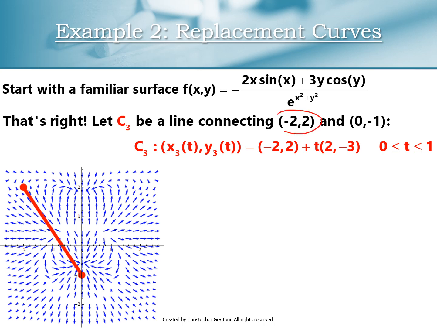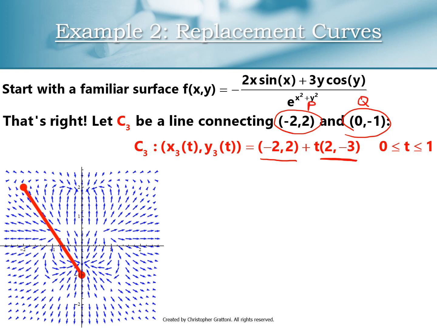I know that I end my path at 0, -1. I know I start my journey at -2, 2. So here's my starting point. And then if I do q minus p here, I get 2, -3 for my vector when I compute q minus p. This is my starting point p. This is my ending point q.